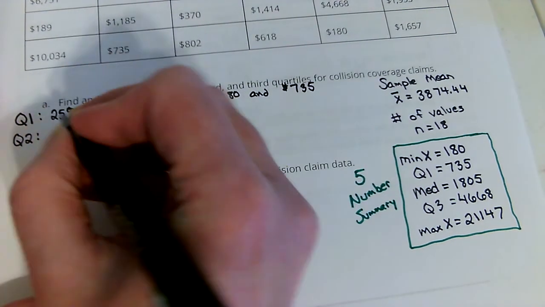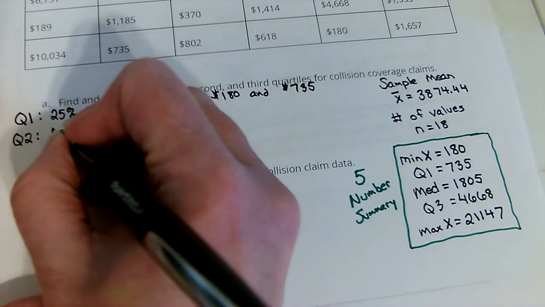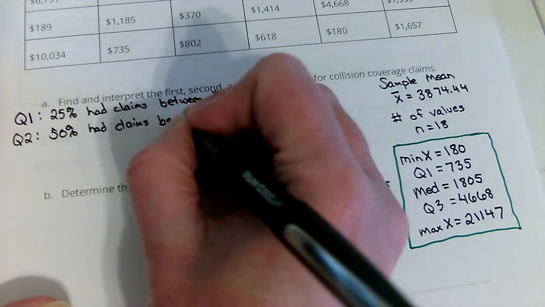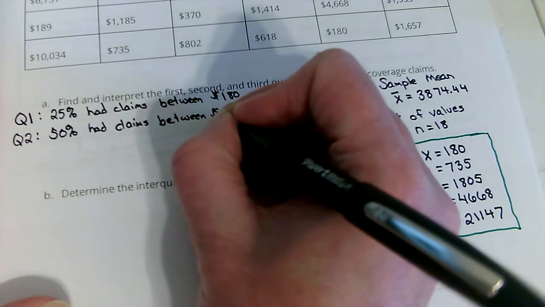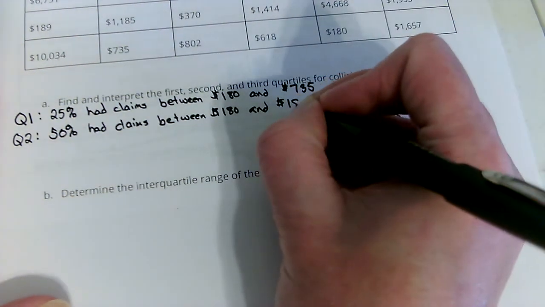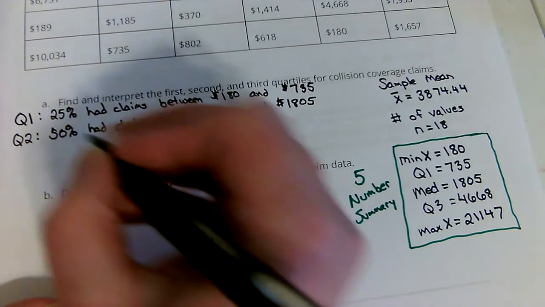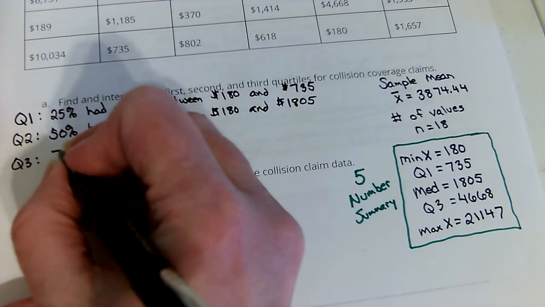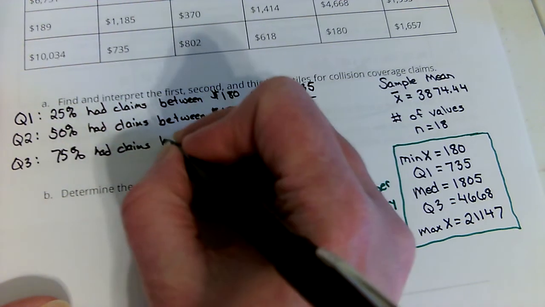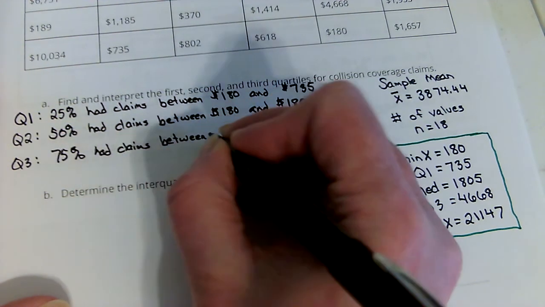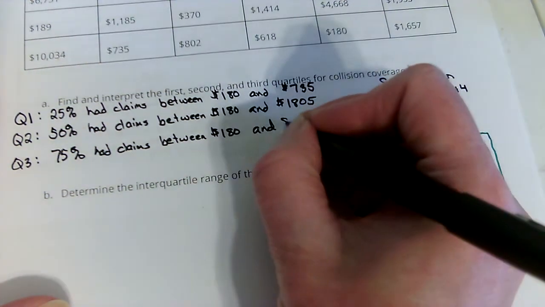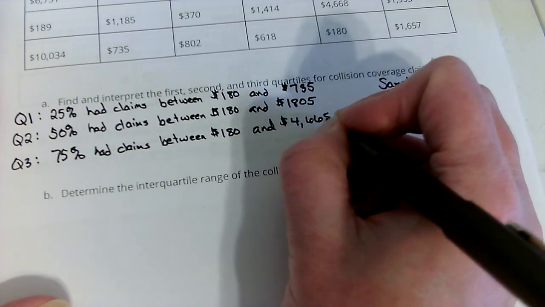Q2, which is the median, means we had 50% had claims between $180 and $1,805. Q3 means 75% had claims between $180 and $4,668.